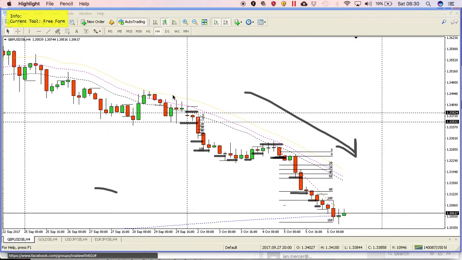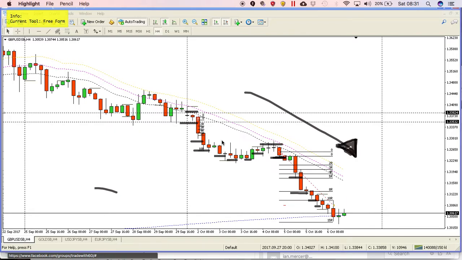Market condition, you can only make assumptions of what this week's going to bring you. You don't know for sure, and likewise, how successful an entry system is for the week depends on the market condition.